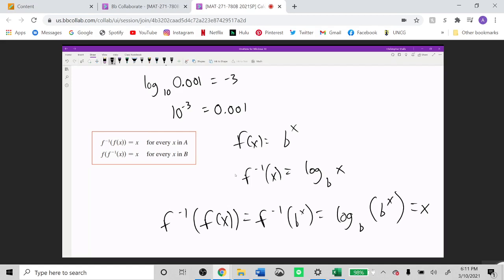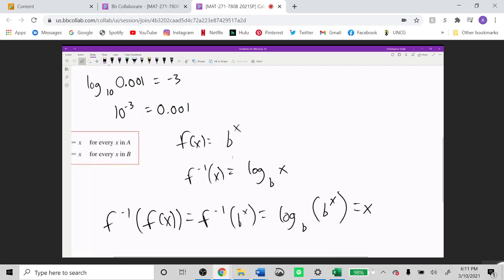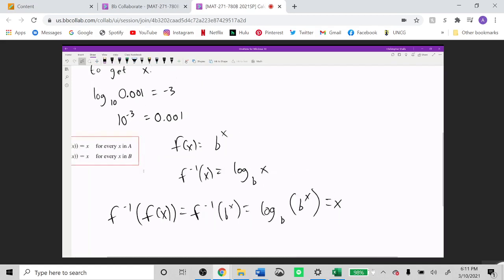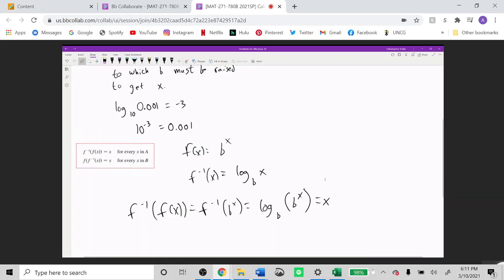Yes, it does. And this is going to be true for every x value that's in the domain of this inner function. The domain of b to the x is all real numbers. So this is true for every x that is an element of the real numbers.